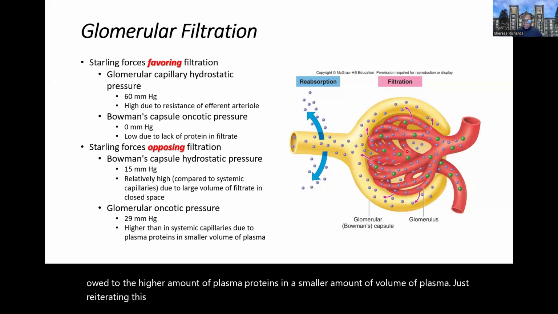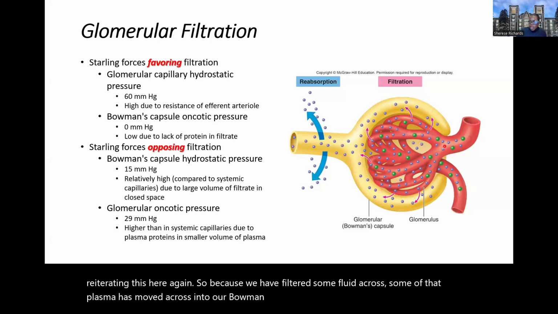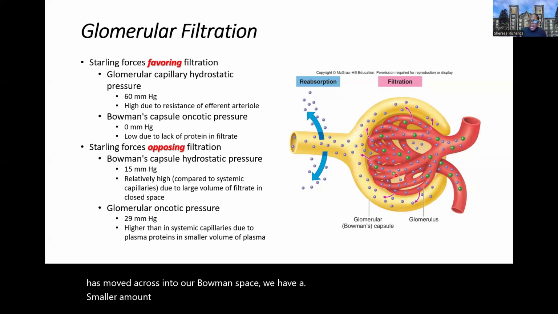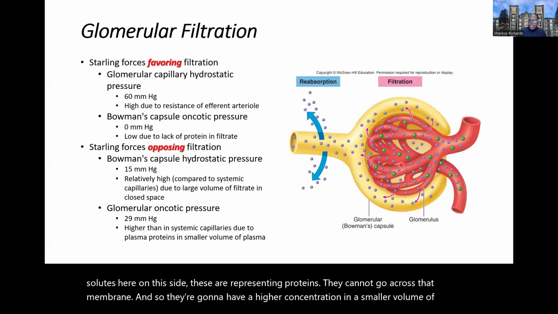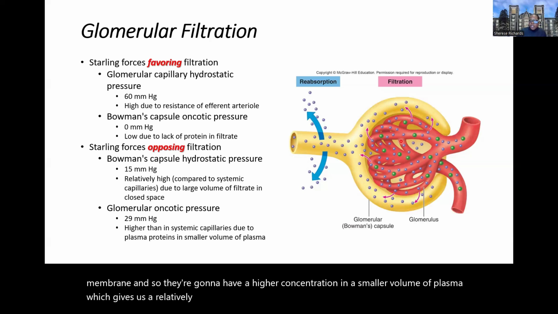Because we have filtered some fluid across, some of that plasma has moved across into our Bowman space, we have a smaller amount of plasma and the proteins can't go. If you look at these green, large solutes here on this side, these are representing proteins. They cannot go across that membrane. And so they're going to have a higher concentration in a smaller volume of plasma, which gives us a relatively higher glomerular oncotic pressure when compared to other capillaries.